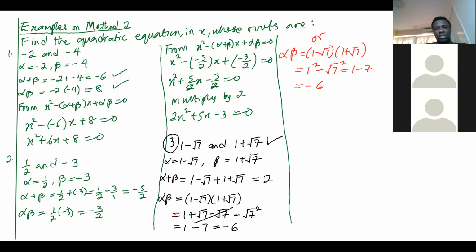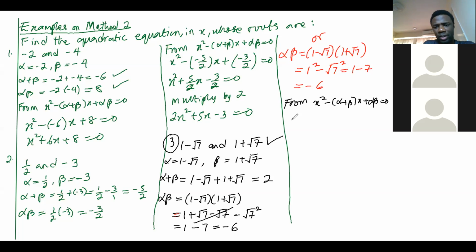Okay, so now that we have our alpha plus beta, basically for this method your goal is to find alpha plus beta and alpha beta. You have done that. So the next thing is to state the formula, from our usual formula, which is x squared minus (alpha plus beta)x plus alpha beta equals 0.